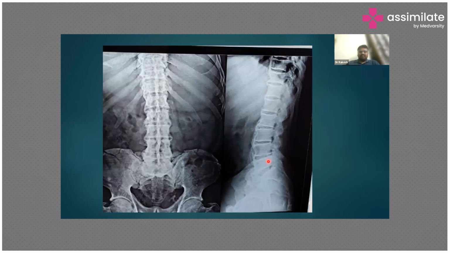Now, if you look at the bones, it is roughly rectangular, rectangular, rectangular, rectangular. But the L5 vertebral body seems to be reduced in height. Now, compare the height of the vertebral bodies all across here and the height of the vertebral body here. The height of the vertebral body seems to be reduced.